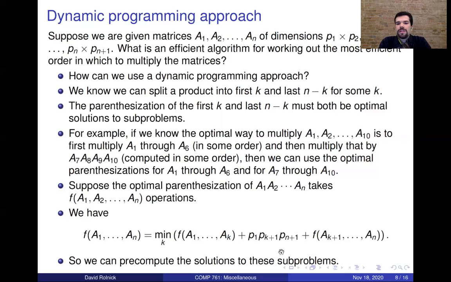But then what else do we need? Will we need something like f of a2, a3? Will we need to compute that? Or will we need to compute f of a3, a4, a5?